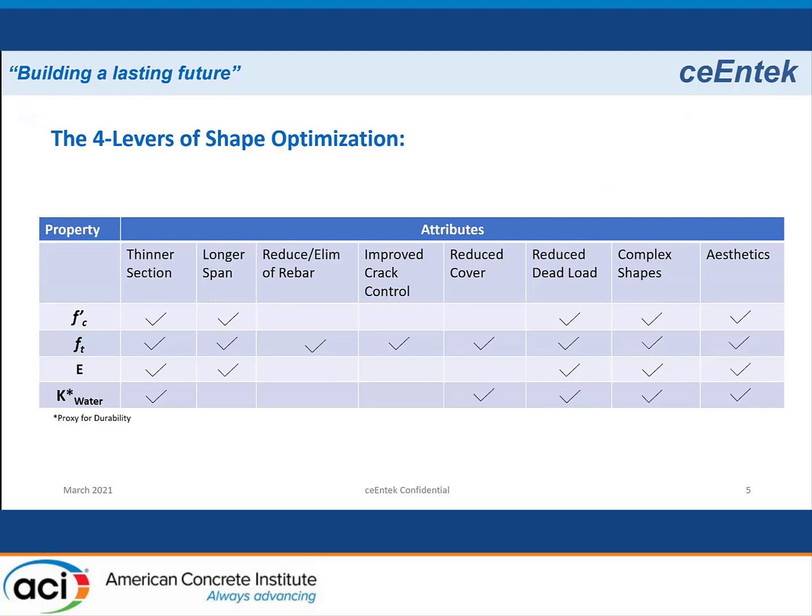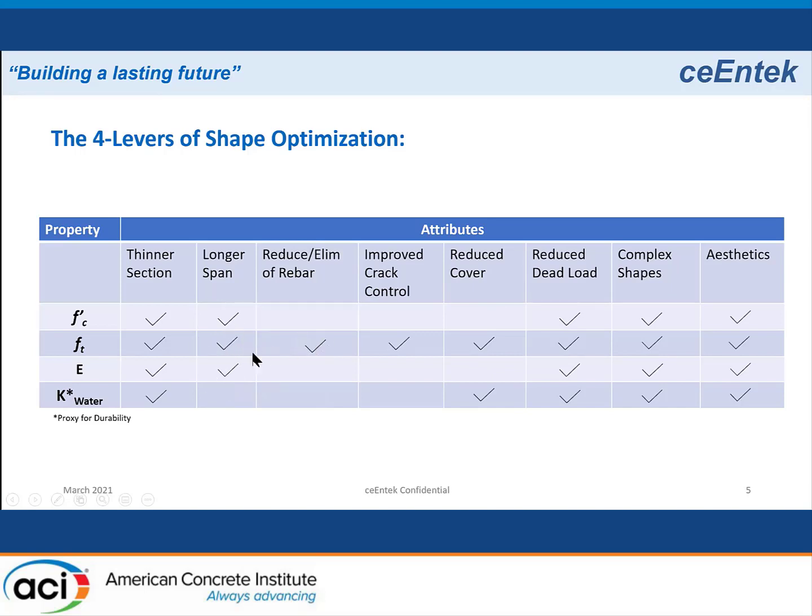All 4 of these properties contribute to a thinner section. Of course, when you have a thinner section, you also have a reduced dead load, so all 4 of these also contribute to reduced dead load. The strength properties allow us to go with longer spans in the structures.